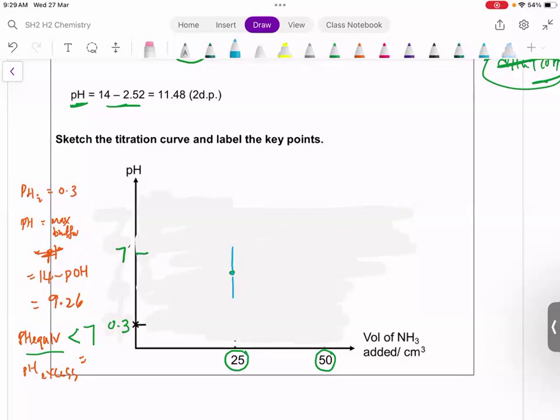Okay, then the next one that I need to indicate is the pH at which it approaches with excess of your ammonia. So excess of ammonia, this is where your 11.48 is. So I will draw a horizontal dotted line.